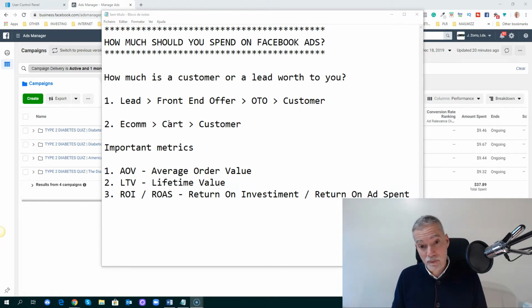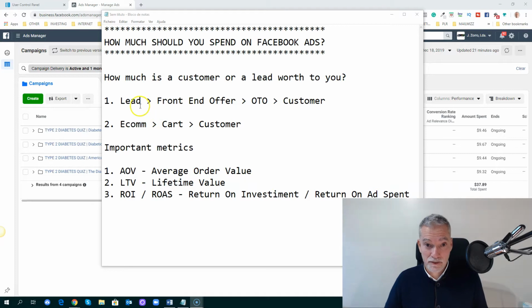There are some important metrics that I would like to talk about, and the first one is the AOV. It's the average order value, okay? So this is very important. You need to know what your average order value is. If you are starting a new business, you don't know what your AOV is, but you can guess, okay?